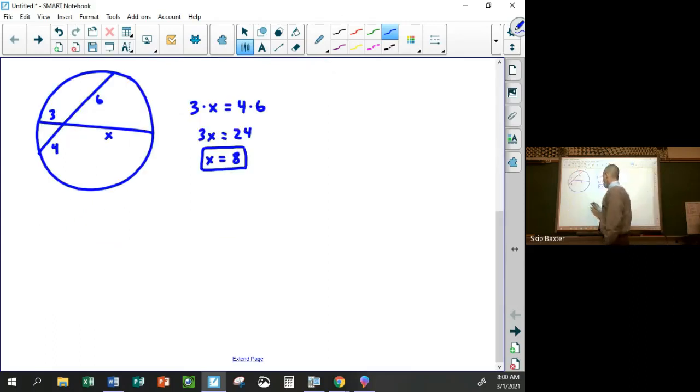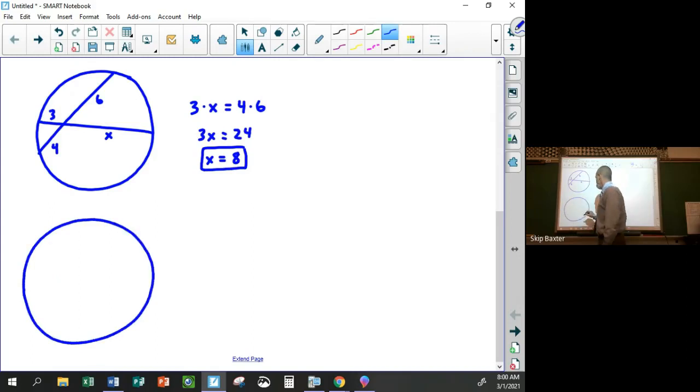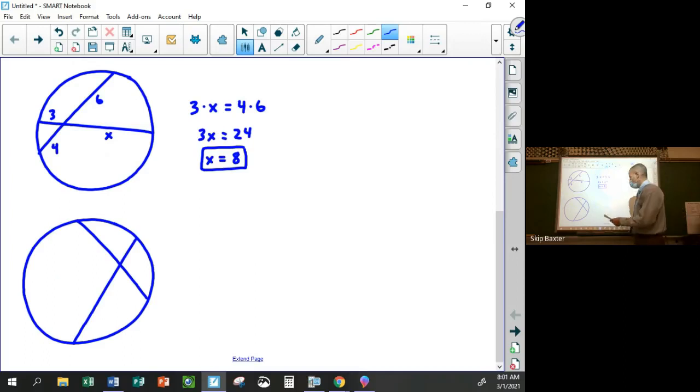Okay. How about two chords intersecting inside a circle like this. Say the lengths are 6, 10, and 12. We're trying to find this piece.